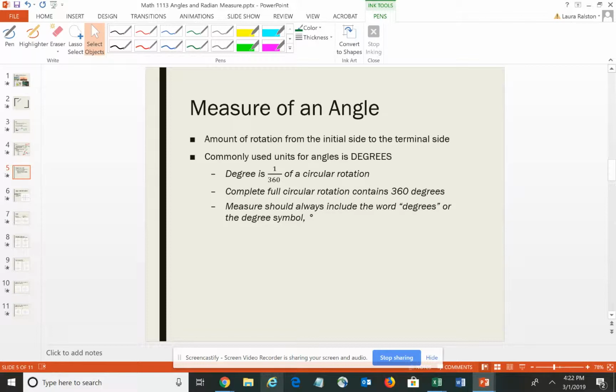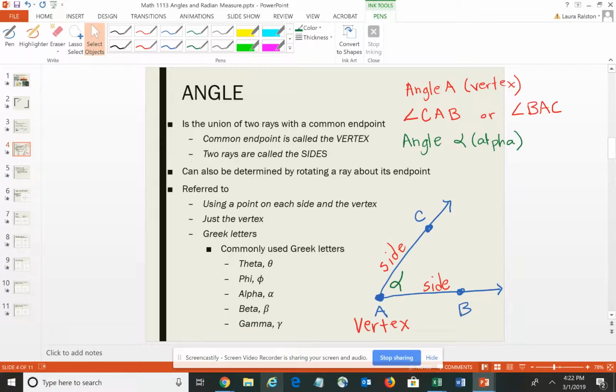Okay, so we often want to measure those angles. The measure of the angle is the amount of rotation from the initial side to the terminal side. Let me back up for just a minute and explain what we mean by initial side and terminal side. Oftentimes, the initial side is the ray where you would start.